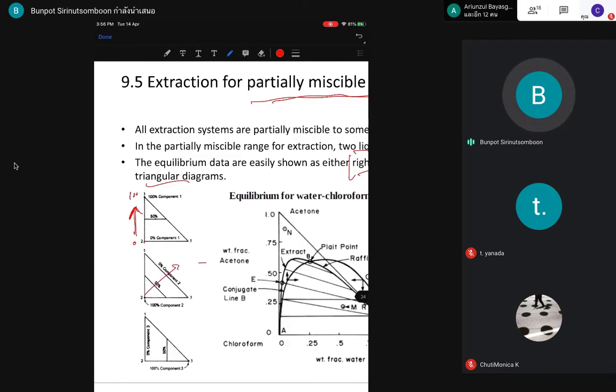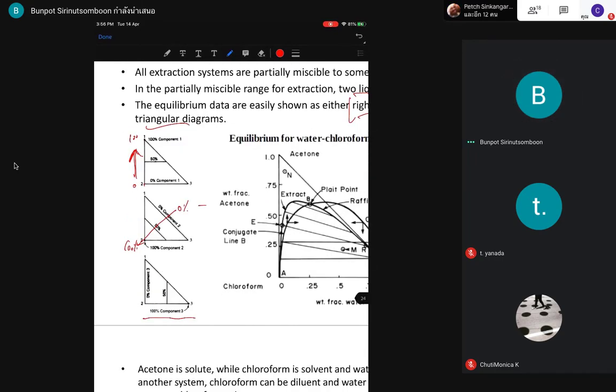Sorry, actually it's the other way around. So this way, component two is 0% here and then 100%. And for component three, it's this way, 0% to 100%. So you have to be able to read and to construct the right triangular diagram.